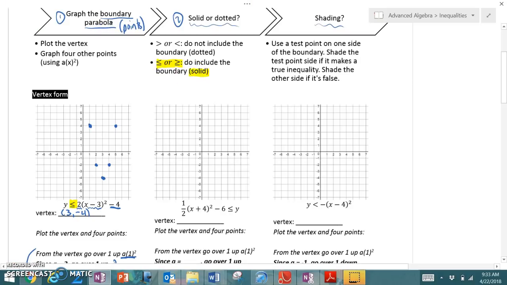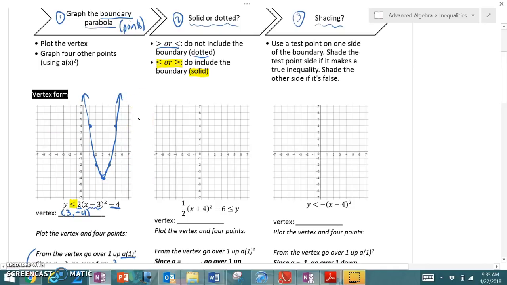If it was just less than or greater than, like this, it would have been dotted. So I'm going to draw a solid curve. And that goes through the vertex, goes up in both directions. And then finally, step 3 is the shading. Okay, you're either going to shade inside the parabola right here, or everything outside around the parabola.